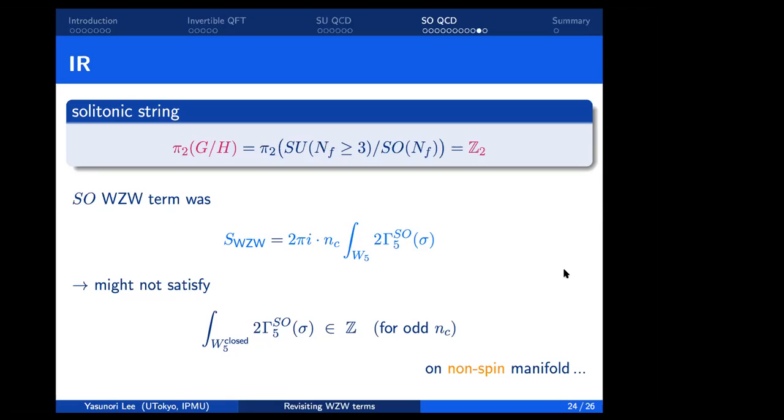So let's check explicitly whether it integrates to an integer or a half integer. For convenience, we will compute 4 times gamma 5 and check whether it integrates to an even integer or an odd integer. So for the Wess-Zumino-Witten term to be well defined, we want this 4 times gamma 5 to integrate to an even integer.